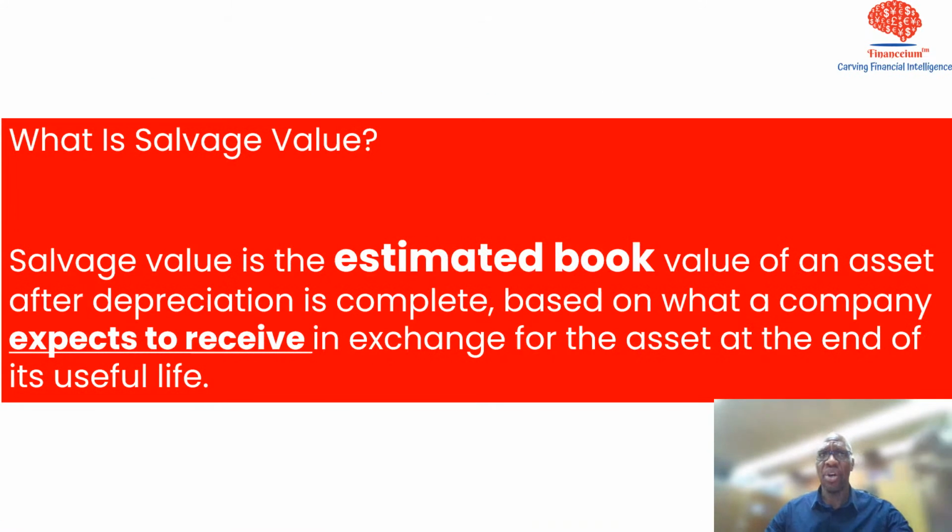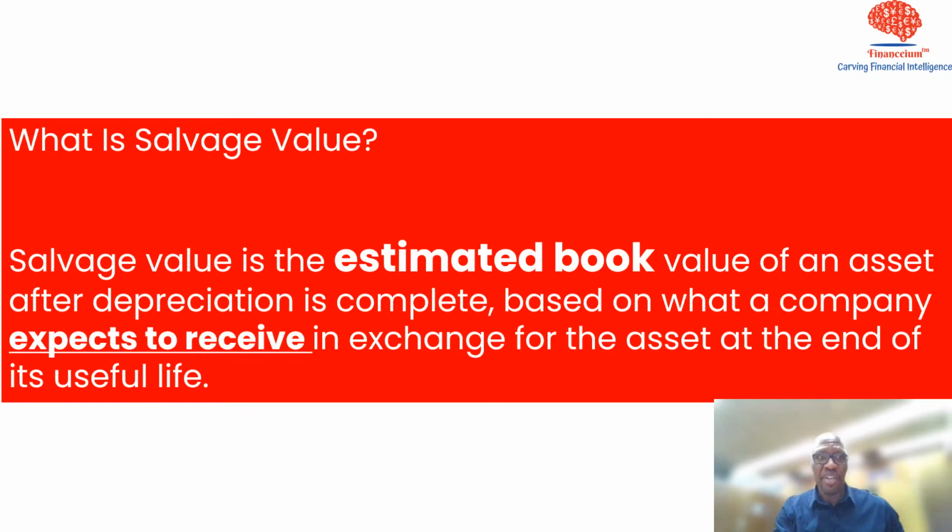I've said I'll touch on the salvage value. To understand salvage value, we're looking at the estimate of what the book value of assets is once you've accounted for depreciation, or in fact when the assets have been fully depreciated, that is, they've lived through their useful life. This is what you're expecting to get from these assets when you're selling them.